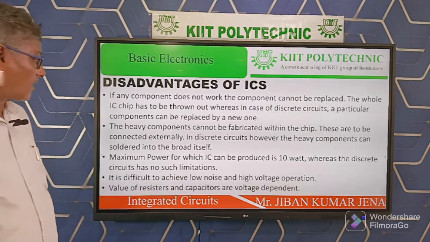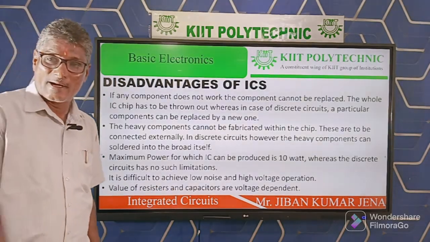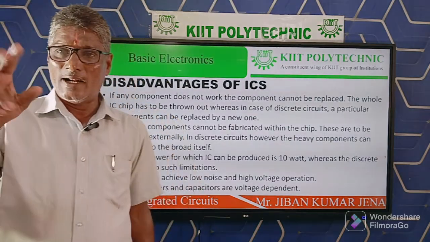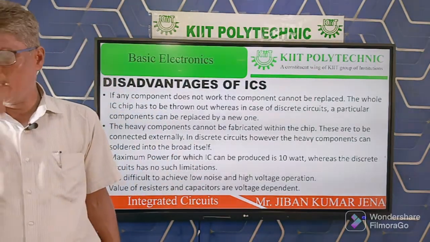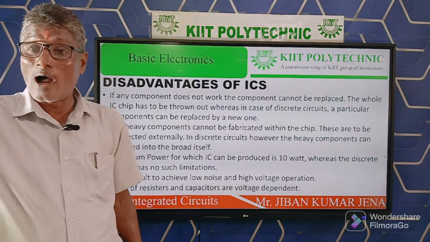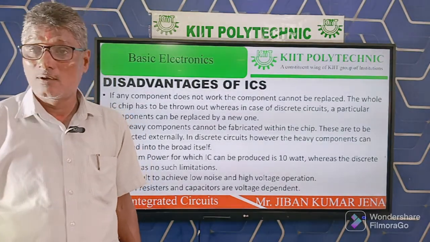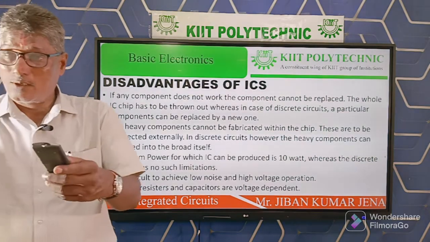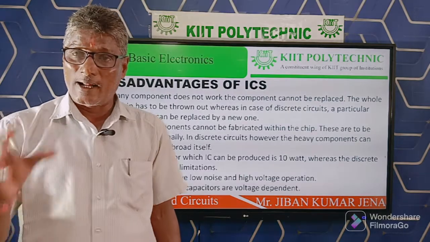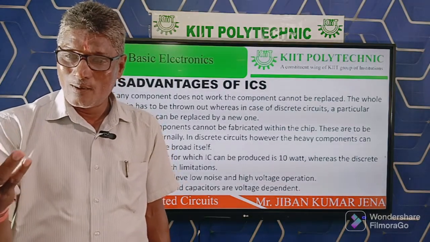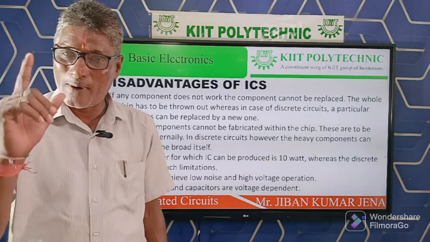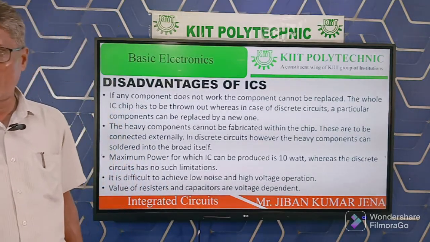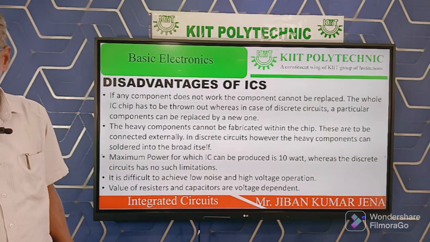Before going to the next slide, I must tell you that in electricity you will find four factors, as I had already told you: current, voltage, resistance, and power. By using these four parameters, you can find out the total phenomenon of electricity.